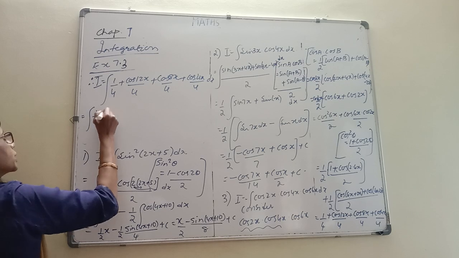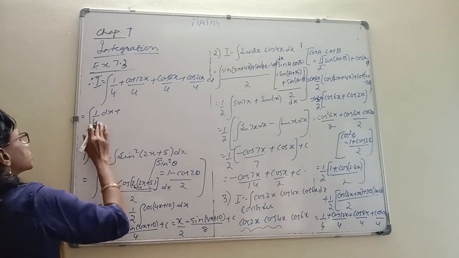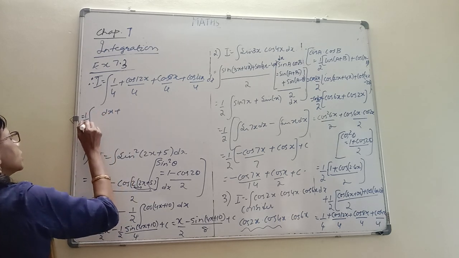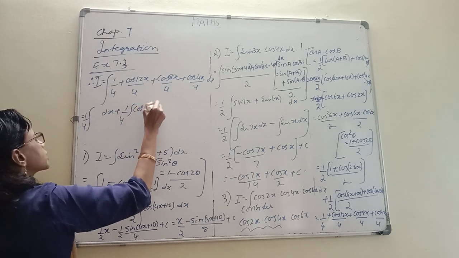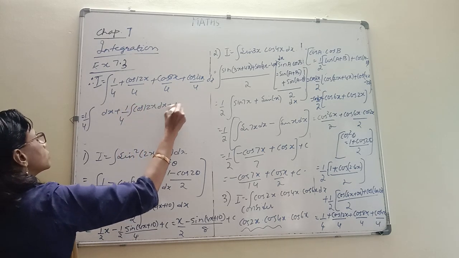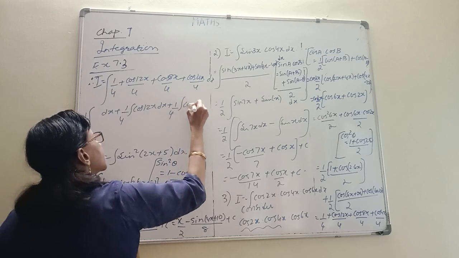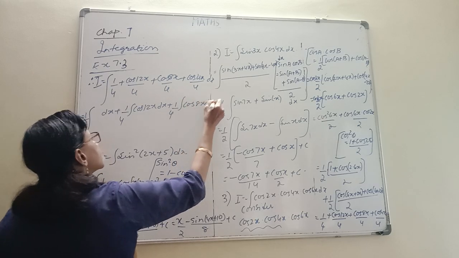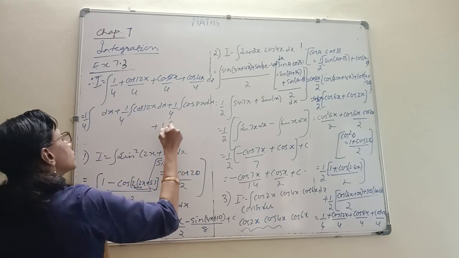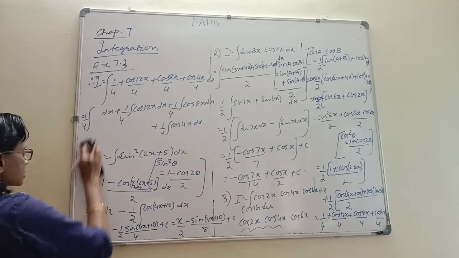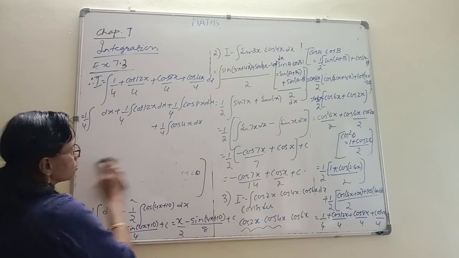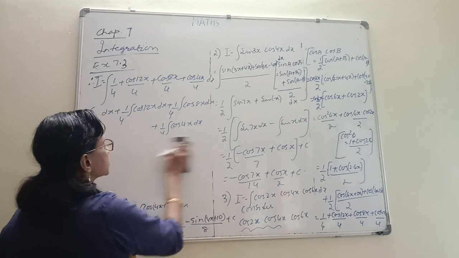So 1 over 4 dx, then maybe this 1 over 4, why can't we take it out? So 1 over 4 cos 12x dx, then 1 over 4 cos 8x dx, then 1 over 4 cos 4x dx. So quickly let's see what the integral is and how it comes.